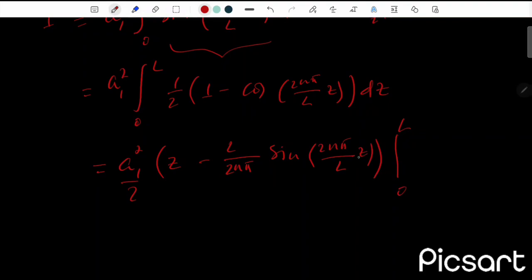Also, if z is equal to 0, we have sine of 0 and we get 0. This means that this second term is equal to 0.